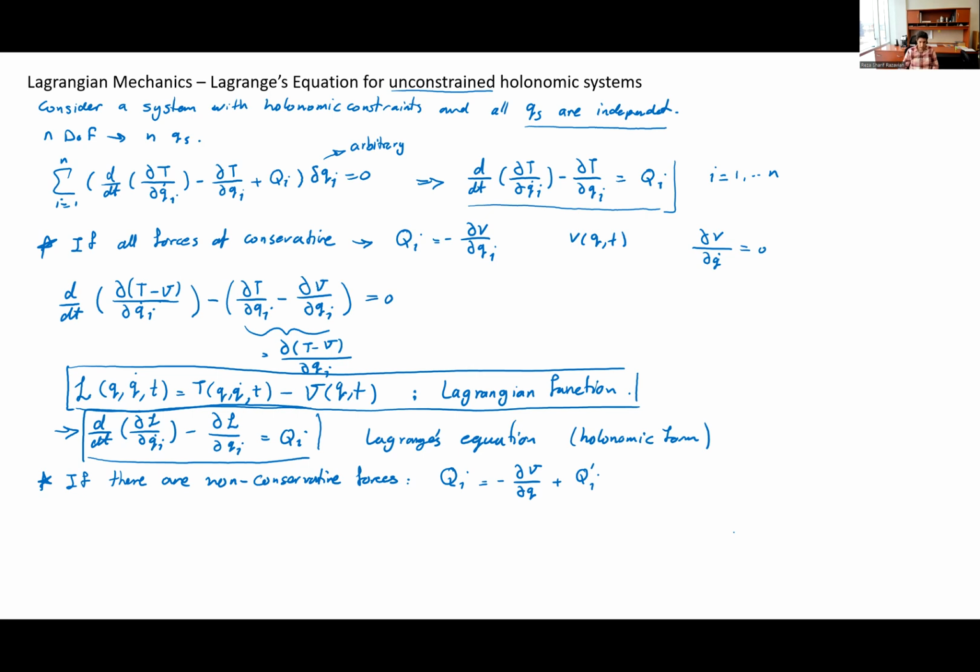And using exactly the same procedure, bring this to the other side, define the Lagrangian and everything. What I have is d over dt of partial L partial q dot i minus partial L partial qi equals Q prime i.